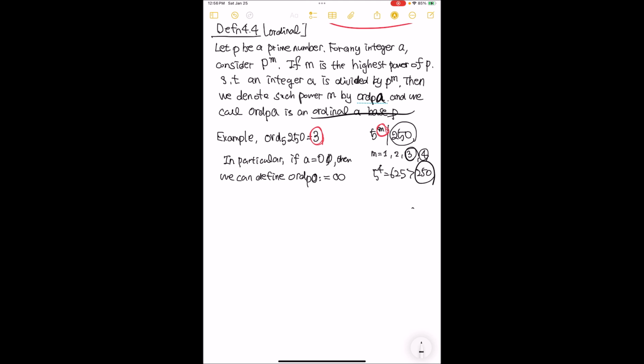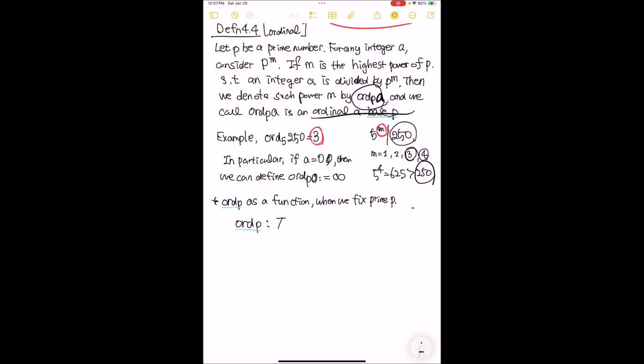And we can see this as a function when we fix a prime number p, that is ord_p.